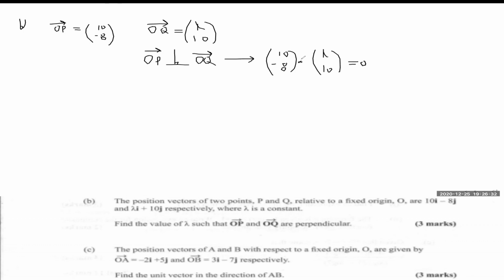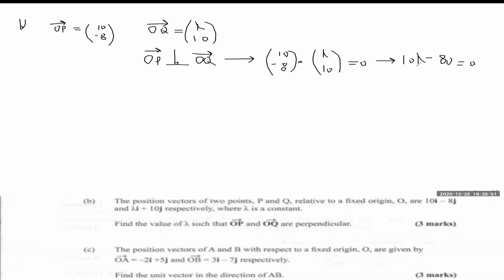So 10 times lambda is 10 lambda, and then plus minus 8 times 10 is minus 80. So 10 lambda minus 80 is equal to 0.